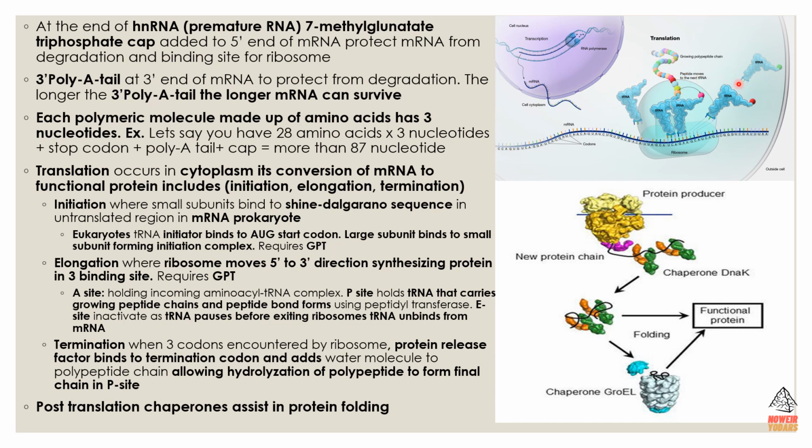And then the E site is the exit site, as the tRNA pauses before exiting the ribosome, and the tRNA unbinds from the mRNA. So at the E site, basically the tRNA pauses, makes sure everything is good, and then it unbinds from the mRNA. It has released already its amino acid, and it's going to get some more, repeating the cycle. So the A site holds the incoming tRNA complex.